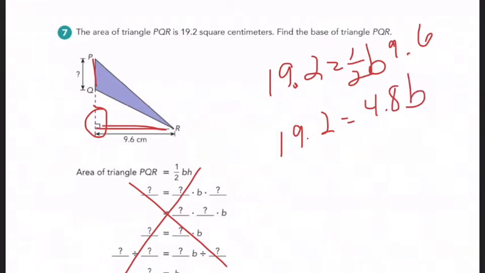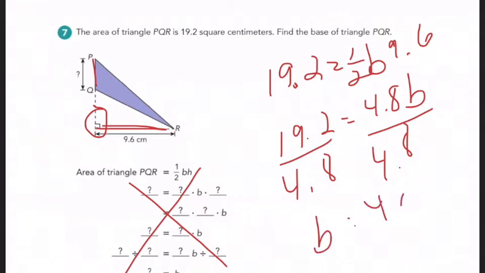And then what you're going to do is divide by 4.8. And so we have 19.2 divided by 4.8, and that answer is 4. So when we divide by 4.8, the base is 4 centimeters. Okay, let's move on to another one.